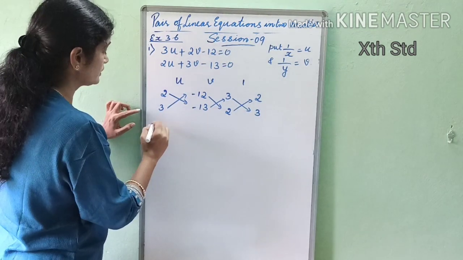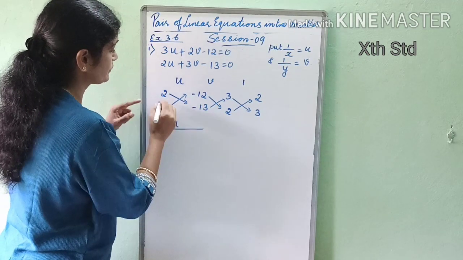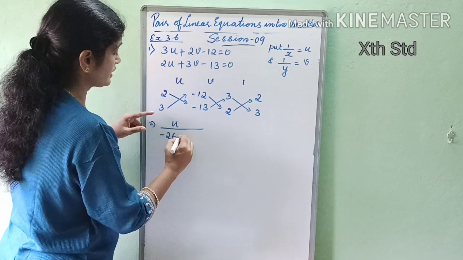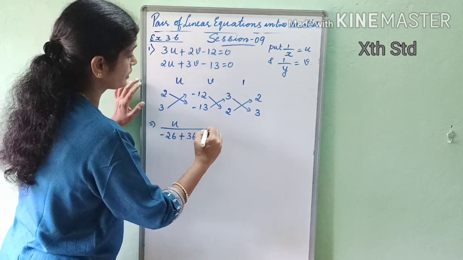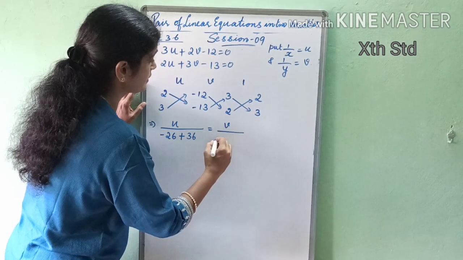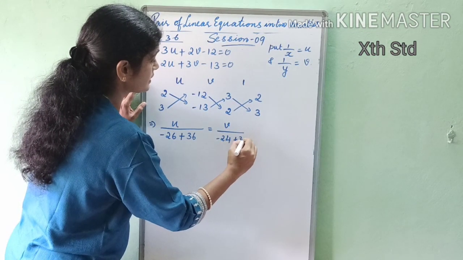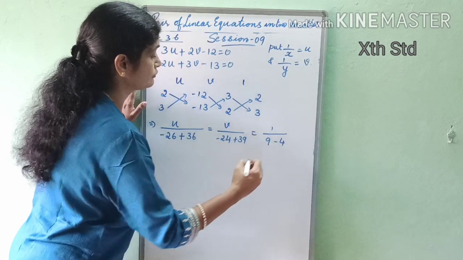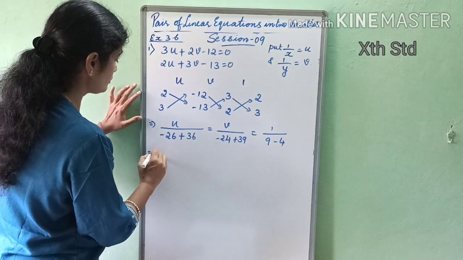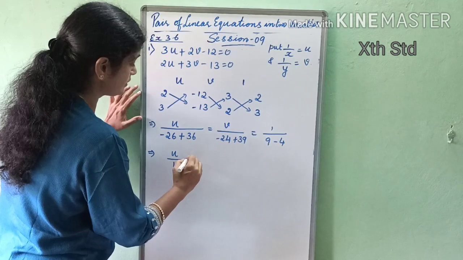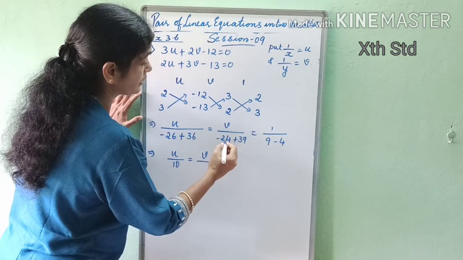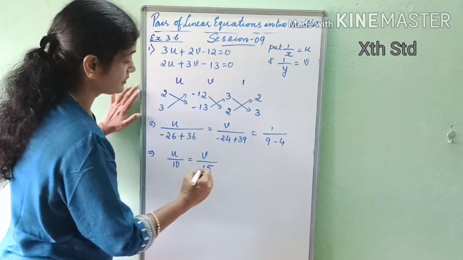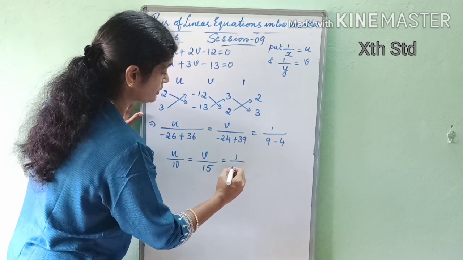So this will imply u by 13 into minus 2 into minus 13, that is minus 26, then plus 36, equal to v by minus 24 plus 39, equal to 1 by 9 minus 4. Right. So simplifying this, u by 10 is equal to v by 15, equal to 1 by 5.